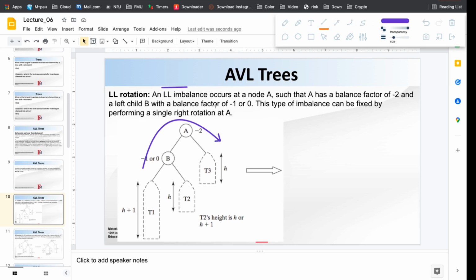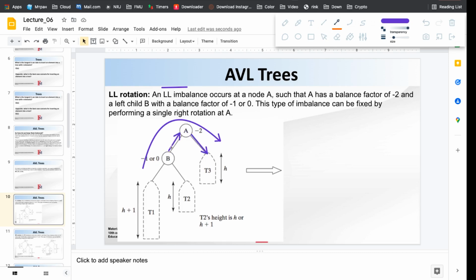We're going to take this whole thing and rotate it clockwise. So in this case, what's going to happen? We're going to bring B up and we're going to bring A down like that.